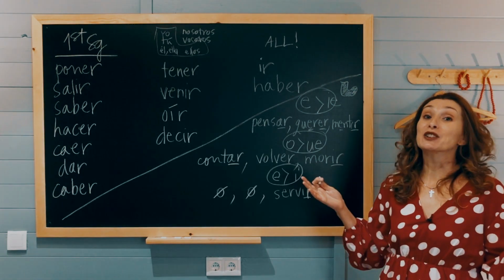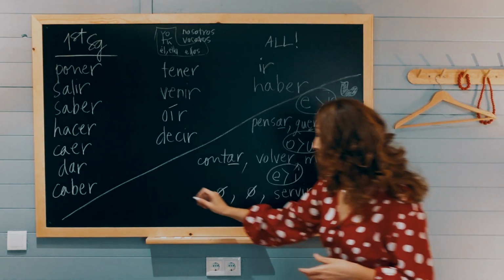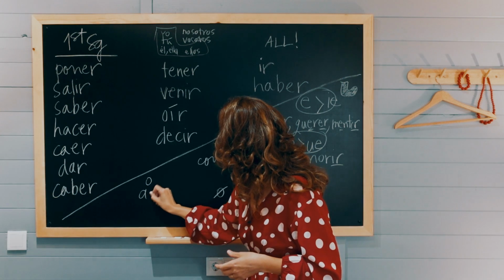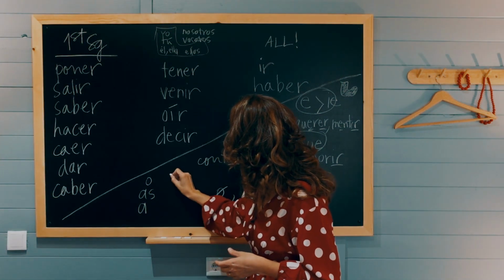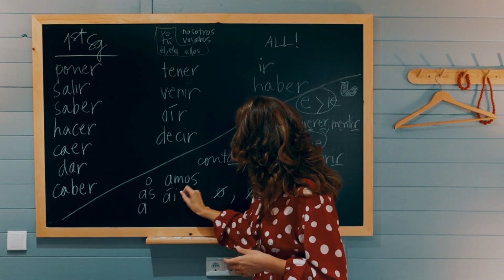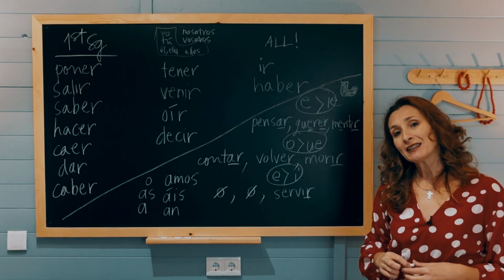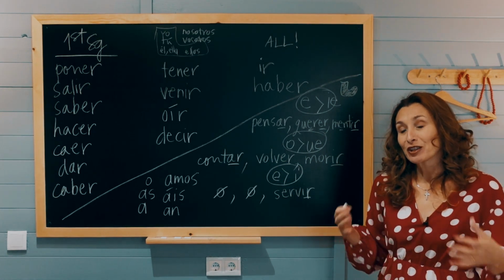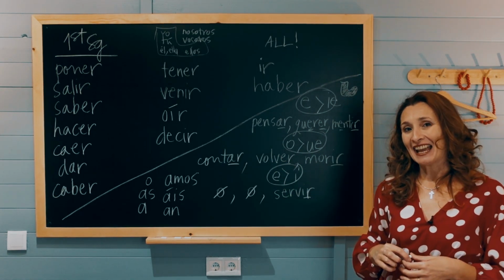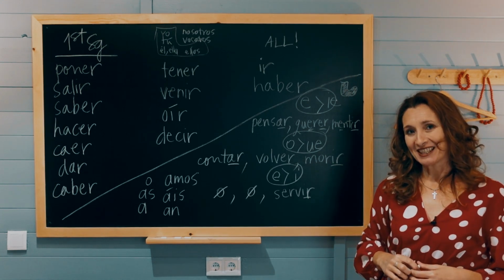So once you learn your endings, in this case for the present tense, o, as, a, amos, áis, and an, you will see, you will use, you will hear these endings with every single verb in present tense.